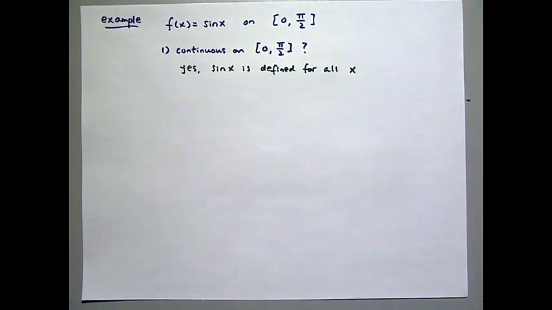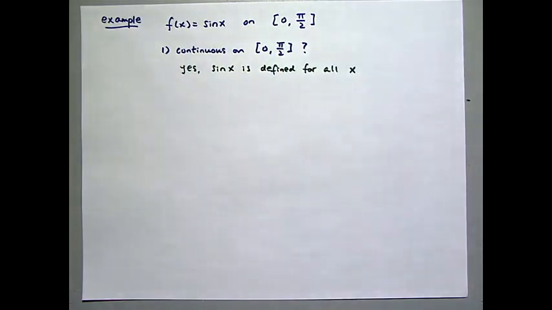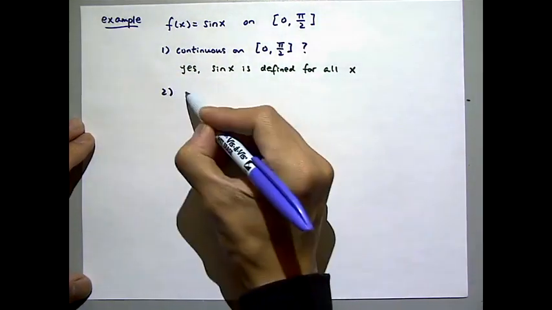Cosine is also defined for all x. What about tangent? If this were tangent here, would the answer be yes or no? Pi over 2, 3 pi over 2, 5 pi over 2, and so on. So yeah, if this were tangent, then the answer would be no. But sine is defined for everything. Two, differentiable.